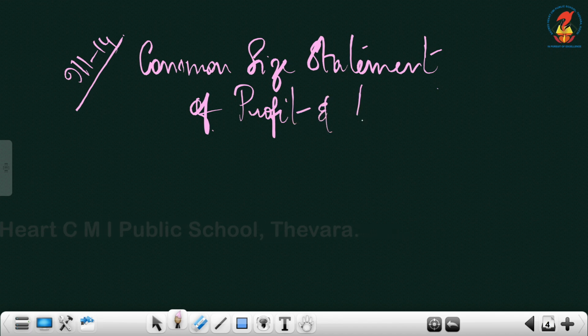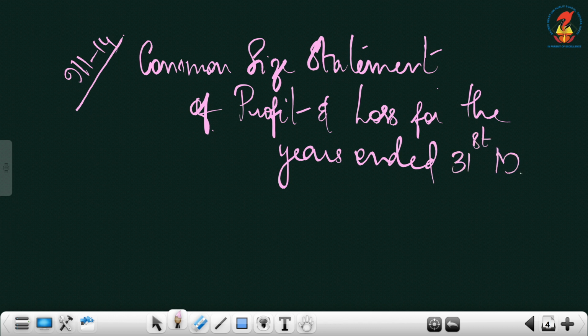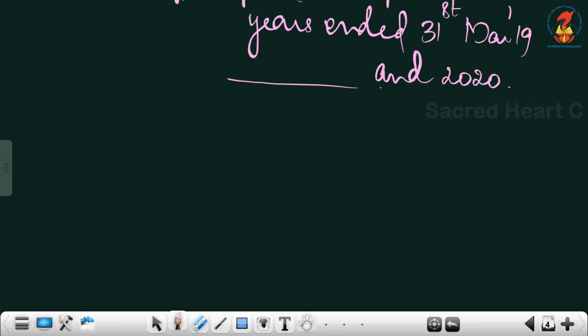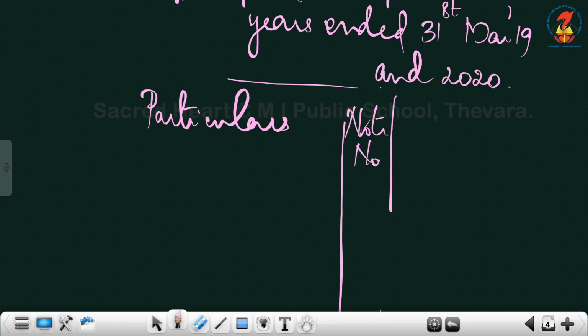You must draw it in the actual format for the years ended 31st March 2019 and 2020. Then the particulars column and the note number column, just like the previous comparative statement.